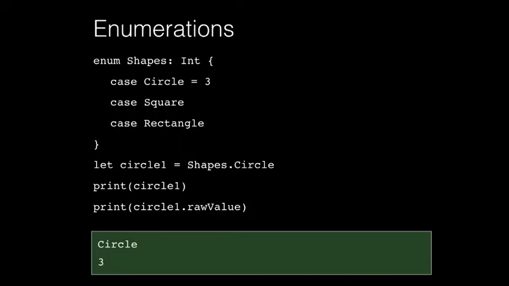But if you have a type, then there's a raw value that you can access, and this shows that the raw value in that case would be 3. Enumerations don't have to be integer-based, they can be strings. And this shows how we can again print the name of the enum instance or its backing string.